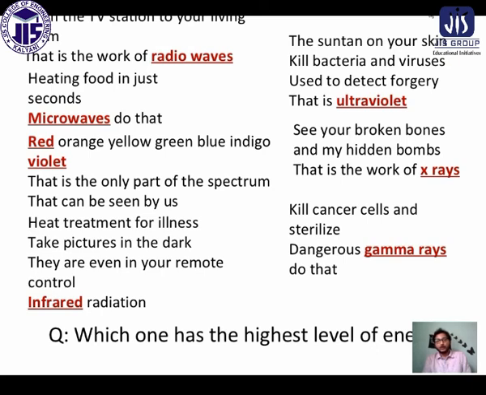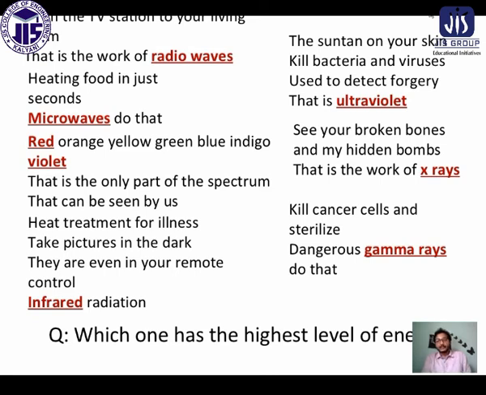That X-ray is nothing but use of electromagnetic waves. Similarly, gamma rays are used to kill or sterilize cancer cells, which are very dangerous for our body.